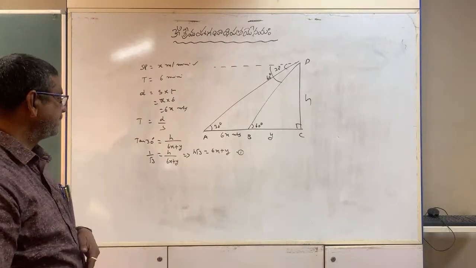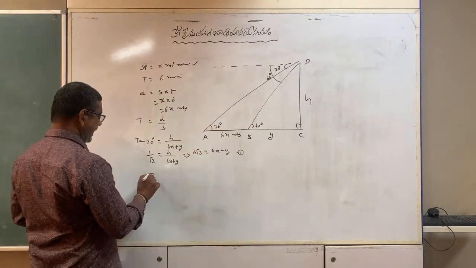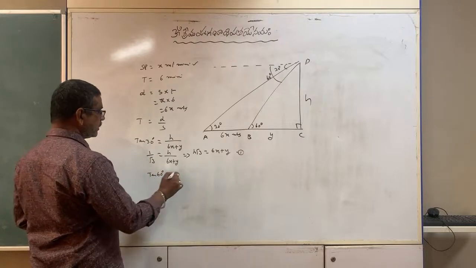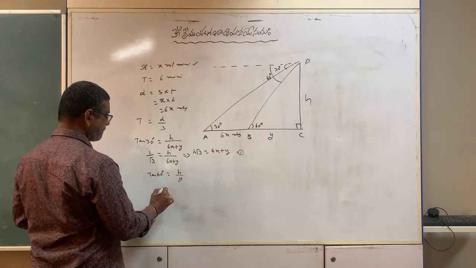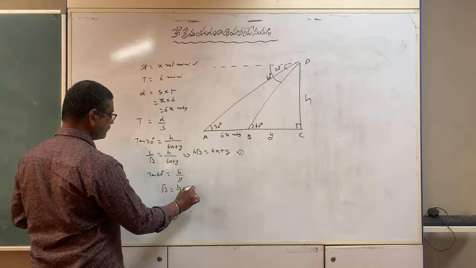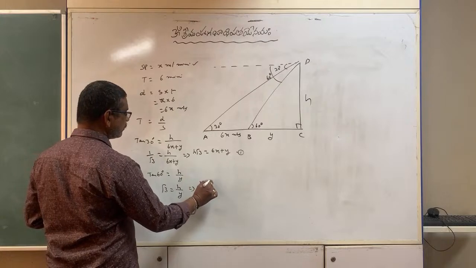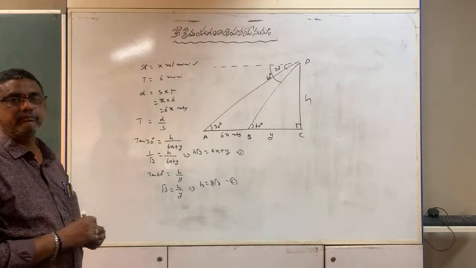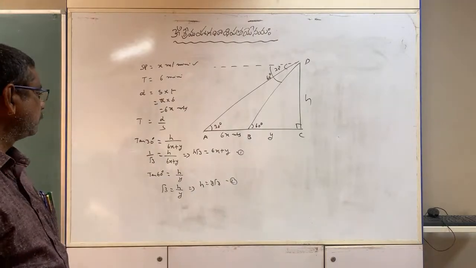Now, tan 60 is equal to h by y. Root 3 is equal to h by y. From this h is equal to y root 3. Let it be 2.